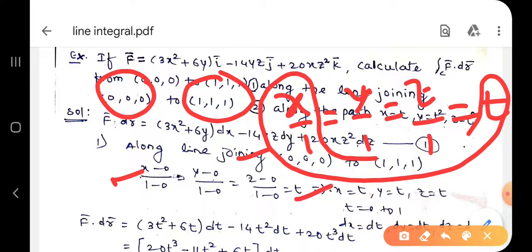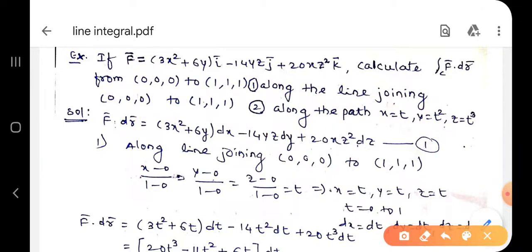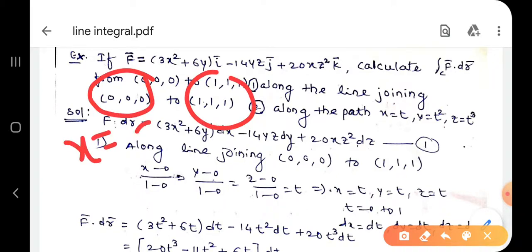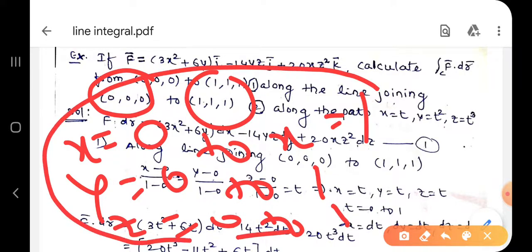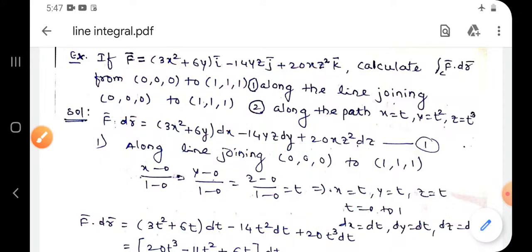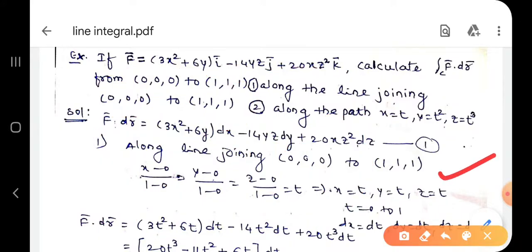Now the point is, (0,0,0) to (1,1,1) means x has limit 0 to 1, y is also having limit 0 to 1, z is also having limit 0 to 1. But I don't want x, y, z, I want t, because we have transformed x, y, z in terms of t, so t moves from 0 to 1.